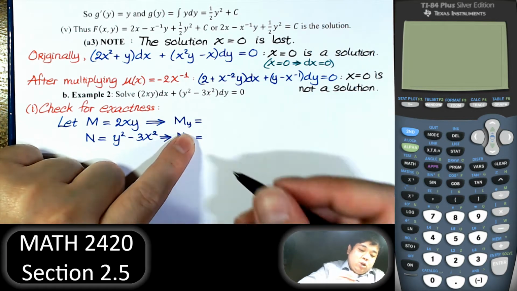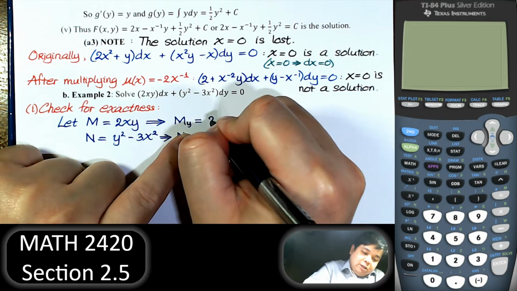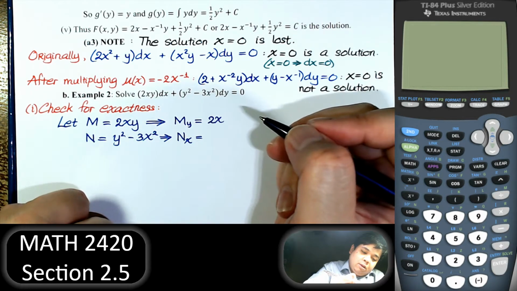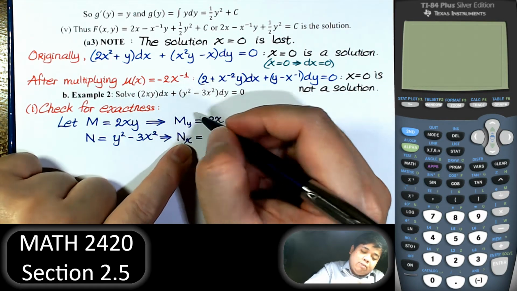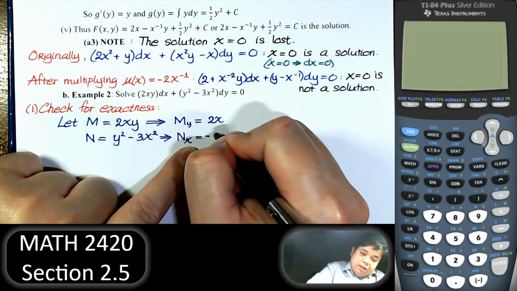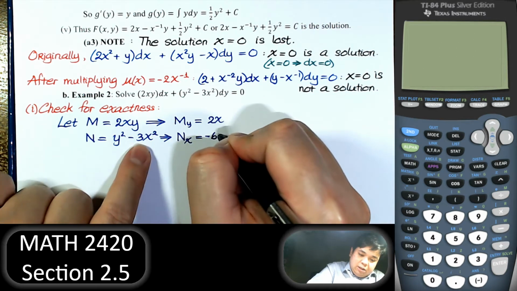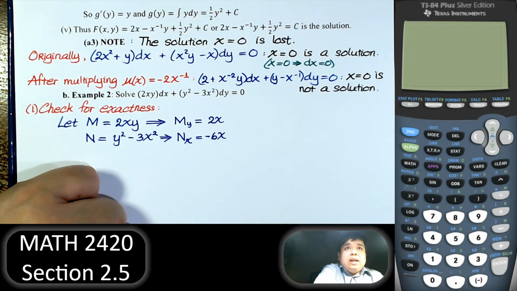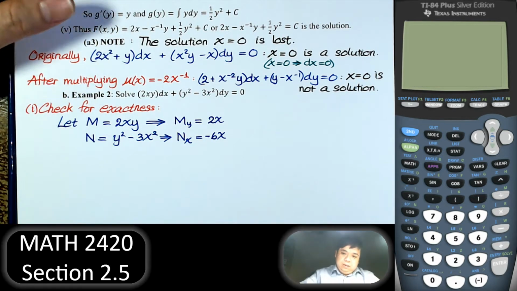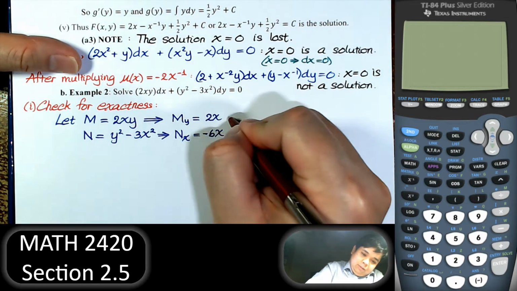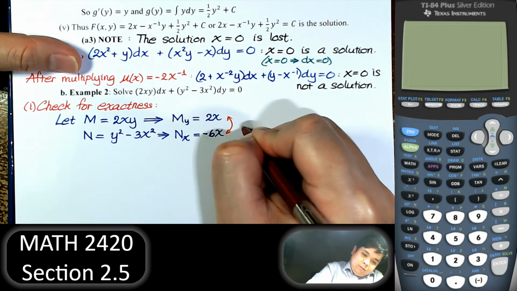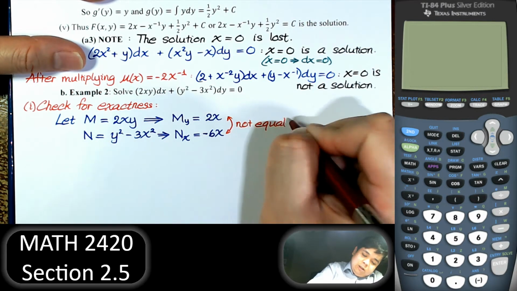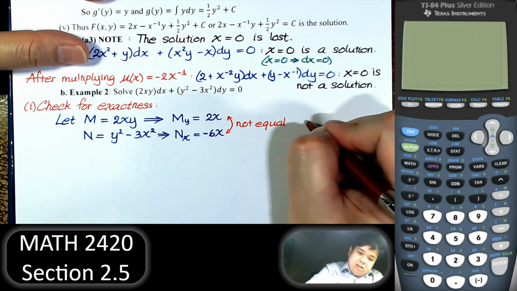M with respect to y is 2x, and N with respect to x is negative 6x. And they are not the same. So because they are not equal, it's not exact.